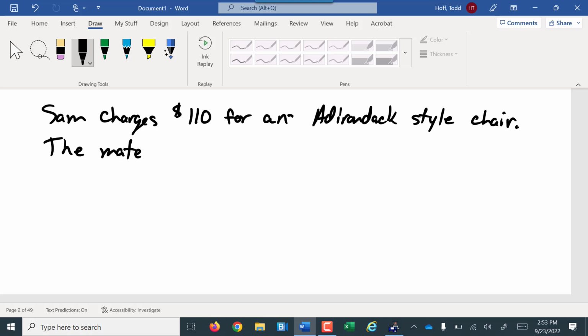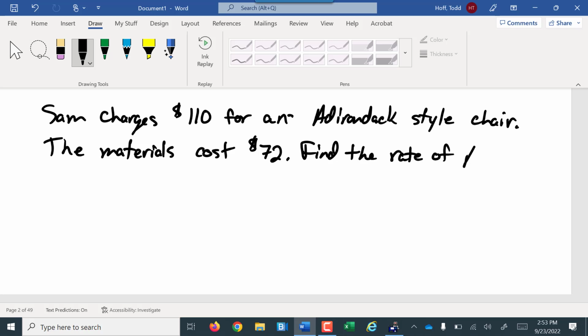The materials cost $72. Find the rate of profit.